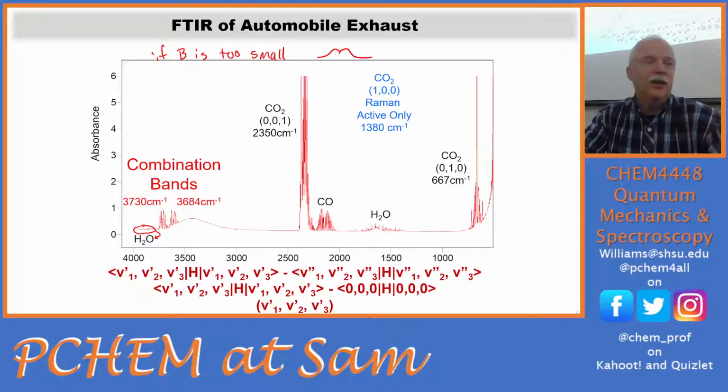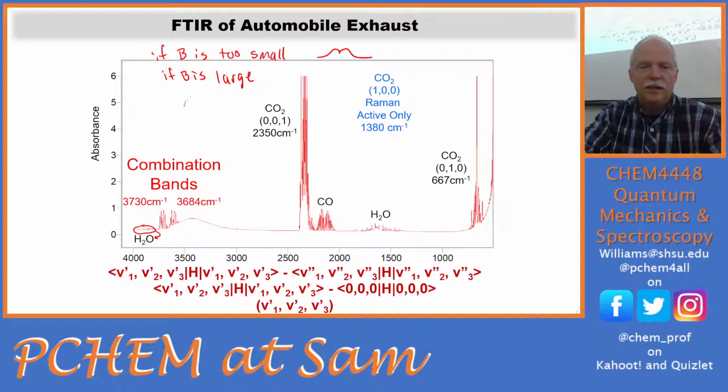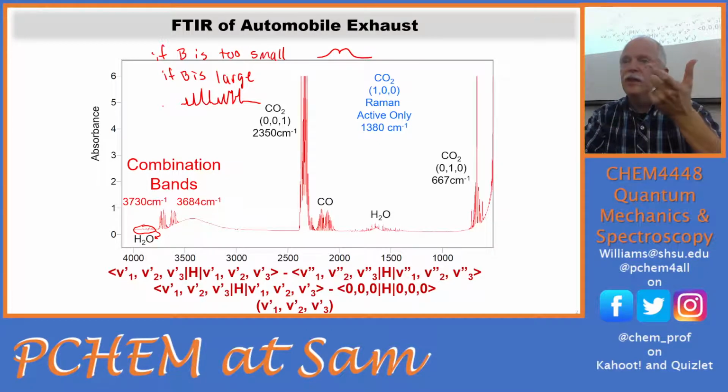We don't resolve the individual rotational peaks. But if B is big, then we see the individual P and R branches. Okay, I got kind of sloppy there, but you see how we can resolve the difference in the rotational lines because B is large enough compared to our spectral resolution.